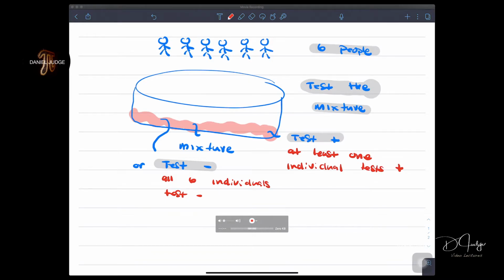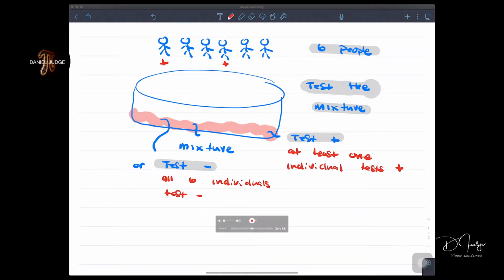So at least one person will test positive. So that's an important detail. Now you might say, well, what if one person tests positive here, right? You get an individual and that person tests positive. Well, then the mixture will test positive.